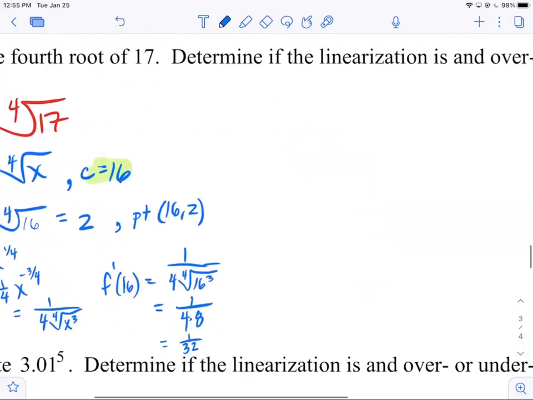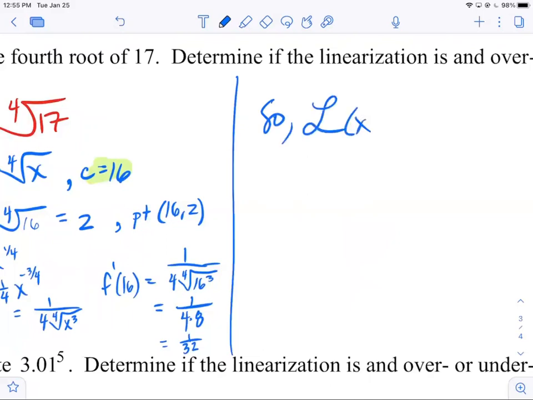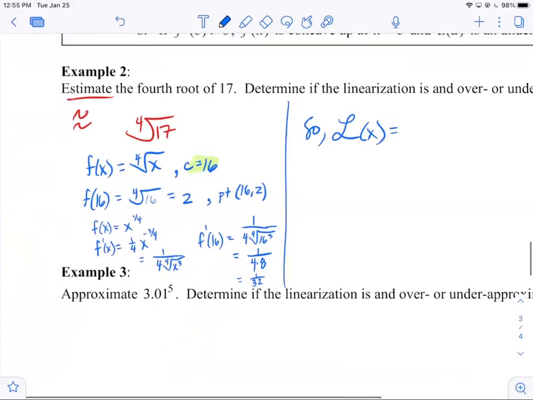Let's write the equation of the line then. By the way, if a question just asks you to write the linearization or to find the linearization of a function at an x value, it means the equation of the tangent line, okay?